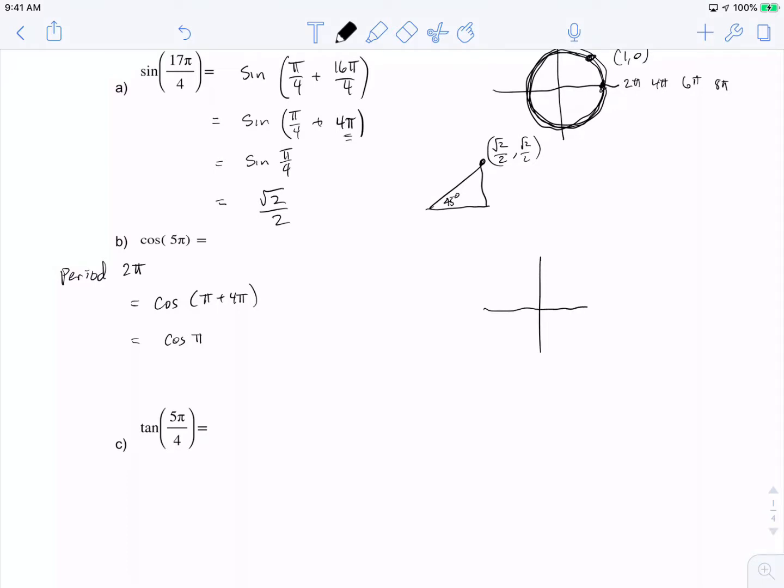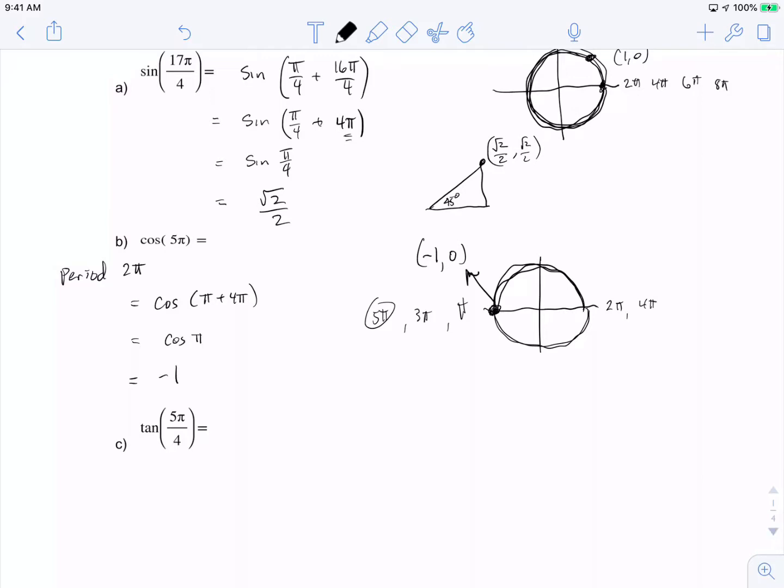So if I look at the unit circle and I go to here, that's pi. Once I come fully around, that's 2 pi. If I come back around again, this would be 3 pi. Coming over here would be 4 pi, because half of a circle is pi distance. The full circle is 2 pi. So then 5 pi would be this position, and that point, if we remember, is (negative 1, 0). And so cosine of pi should be negative 1.